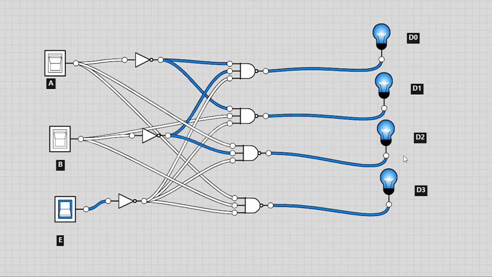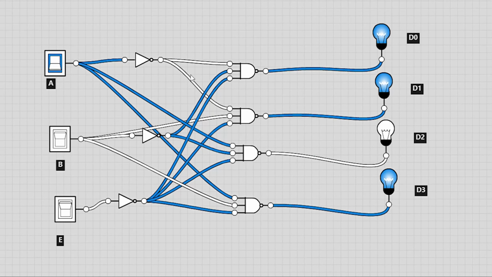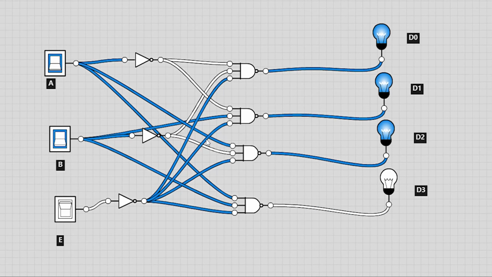The outputs D0, D1, D2, D3 are high. Now B is activated. Now D0, D2, D3 are high. Now A is activated. D0, D1, D3 are high. D2 is low. Again A and B are high. D0, D1, D2 are high, and D3 is low.